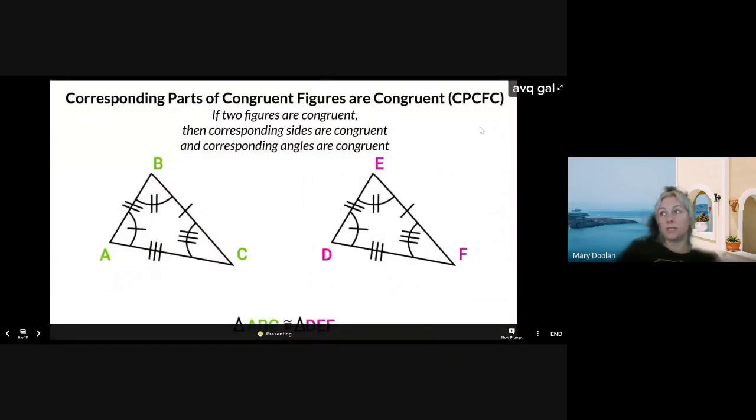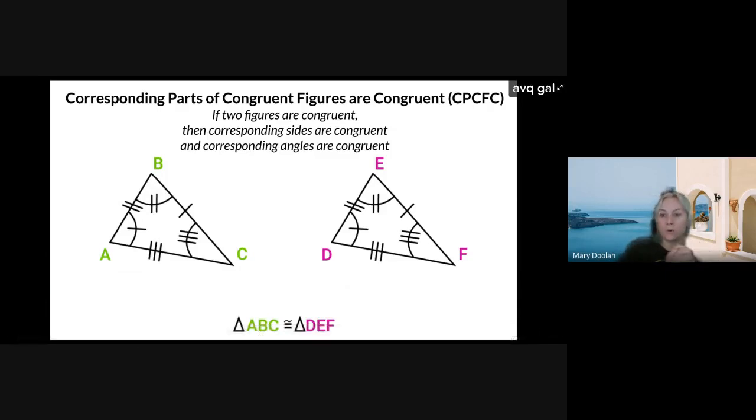And so this is back from our I can statements. I told you we had this acronym, CPCFC. What that stands for is corresponding parts of congruent figures are congruent. CPCFC. This is a mathematical theorem.